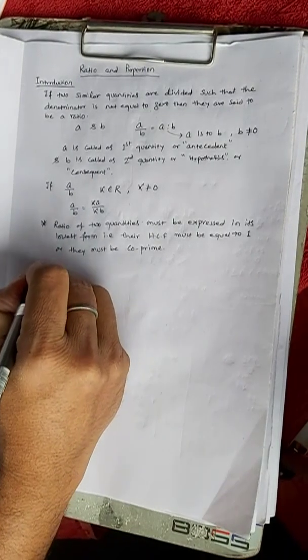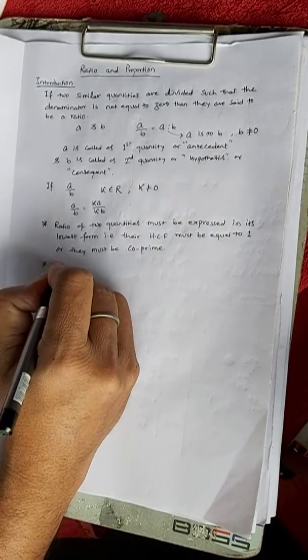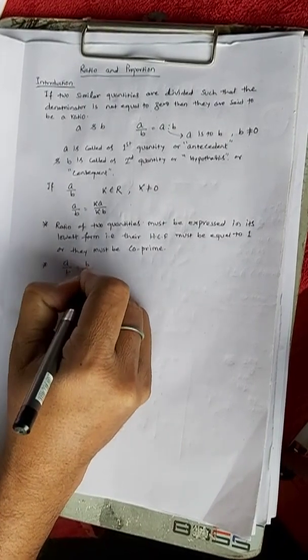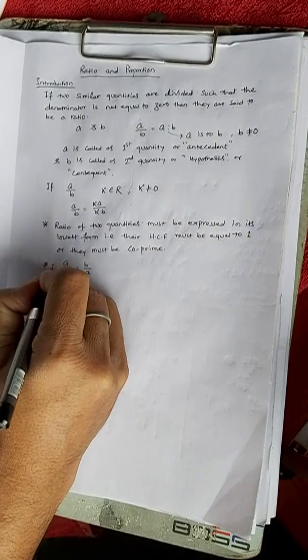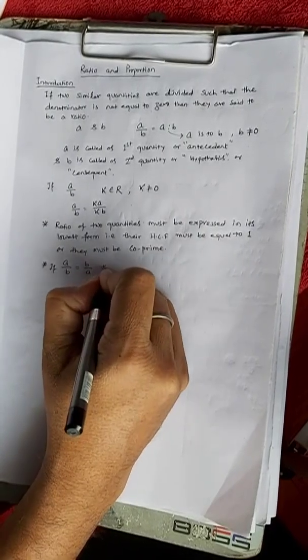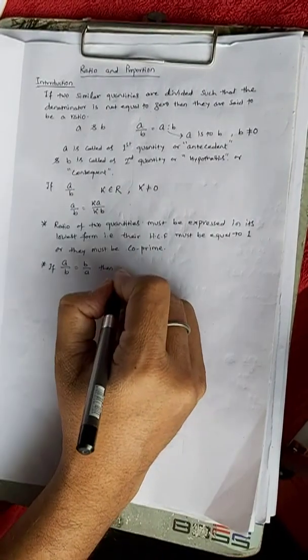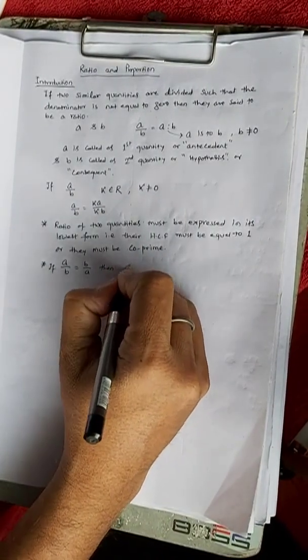Now if it is given A by B is equal to B by A, then this situation is possible only when A equals B. In other cases it is not possible.